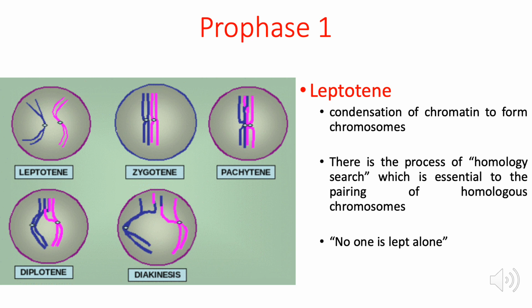So say, for example, chromosome number 8. You have chromosome 8 from the mother, chromosome 8 from the father. What will happen in leptotene is the chromosome 8 from the mother will look for the chromosome 8 from the father. So they will now pair as homologous chromosomes. That's why we call that process homology search, and that is happening in leptotene.